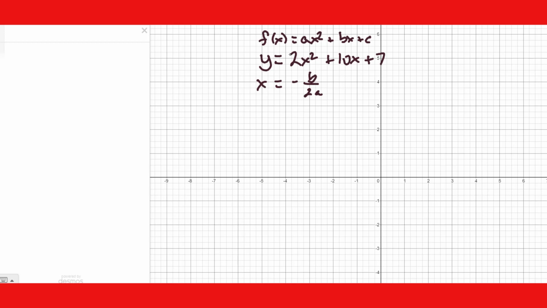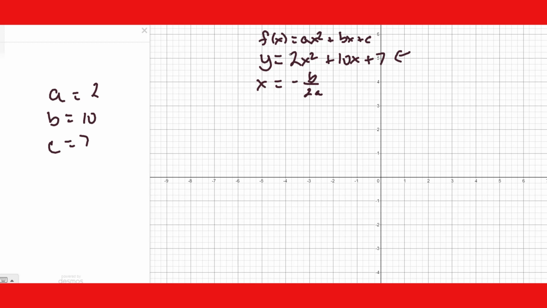That's going to give us the x value of the vertex, and then we plug that x value into the original standard form and get our y value, and that's going to get us our vertex. So let's identify a, b, and c here. a is going to be 2, b is going to be 10, and c is going to be 7. We're not going to need c for this one because we're just looking at the vertex.